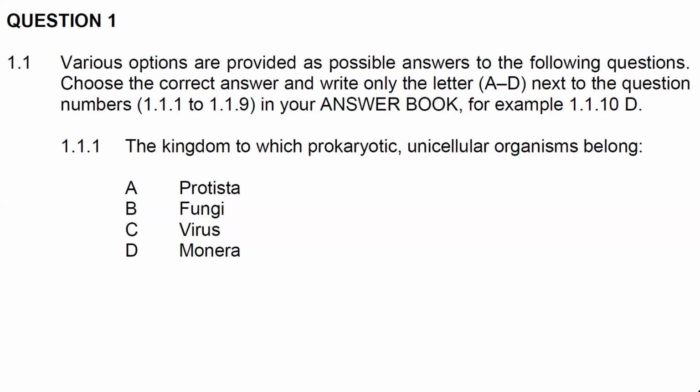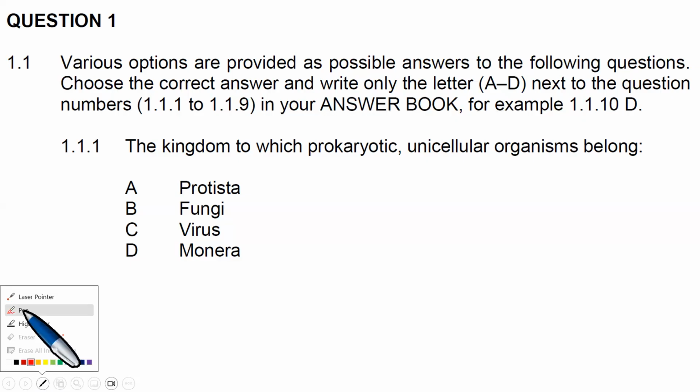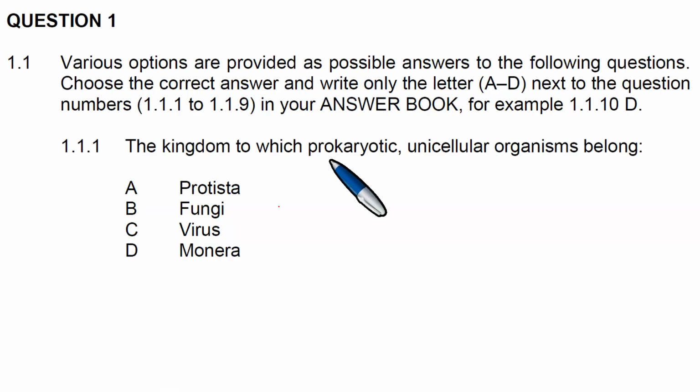Obviously, I'm sure you have seen that. If you haven't seen that, we have to have a thorough look at those. But obviously, we know that they actually belong to the Monera kingdom. So at this point, they most certainly belong to the Monera kingdom. Right. So it's something you need to know. Right. So the unicellular organisms belong to the Monera kingdom.